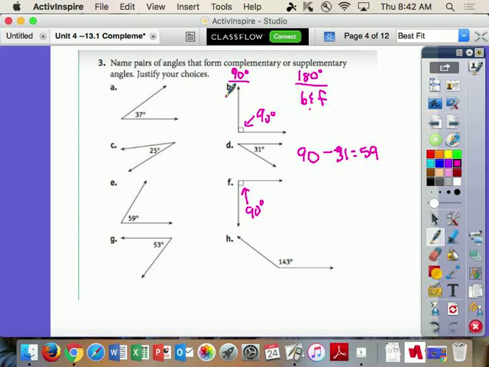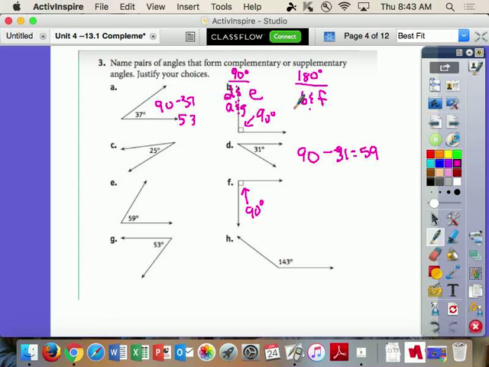E is 59, so that means that D and E make 90 degrees. D and E make 90 degrees. All right? What about this 37? Well, what's 90 minus 37? 53. So that would be A and G.